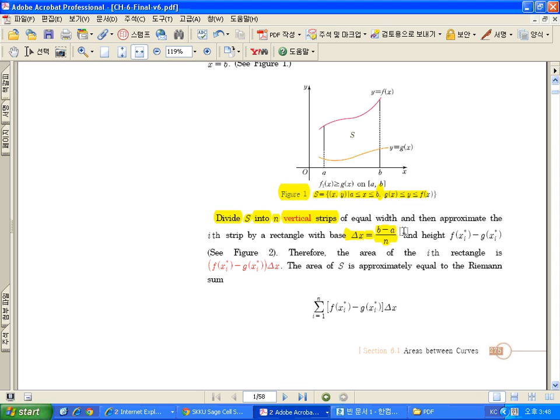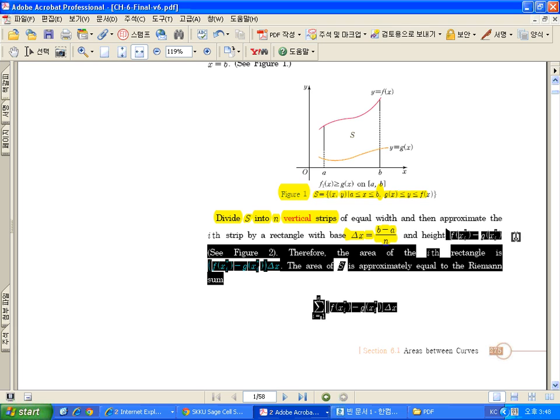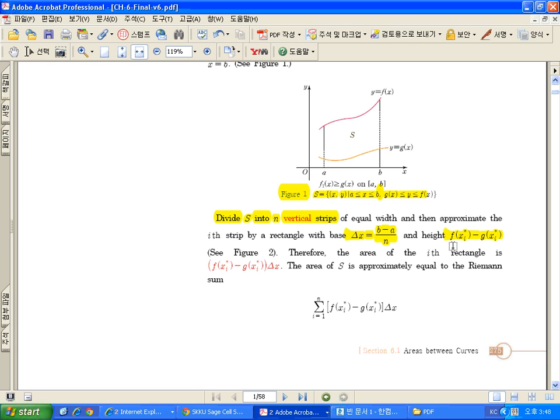Then the height is given like this. So the area of the ith rectangle can be found as this height times the base delta x, like you see in the next figure.